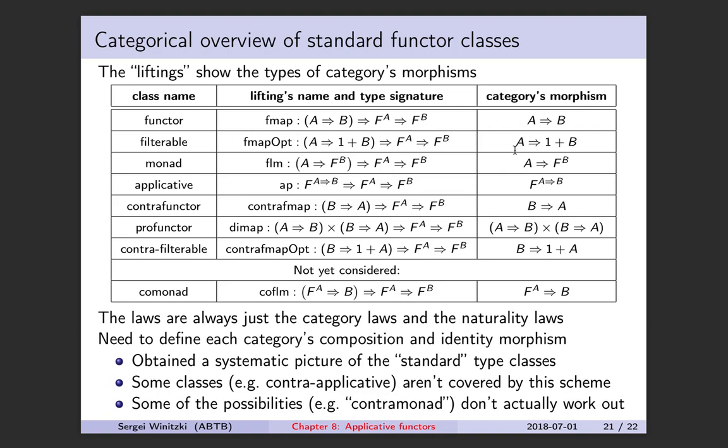And that's one thing. The second thing we obtain from this systematic picture is we can try to generalize and find more type classes. I mean, we have found these type classes. Are there any more? Have we forgotten some interesting type classes? How do we generalize? Well, in this scheme, the only way to generalize is to change the type of morphism in the category.